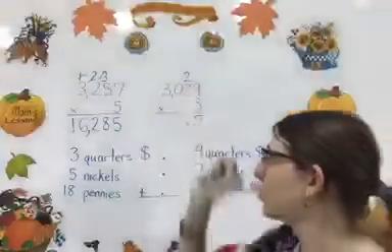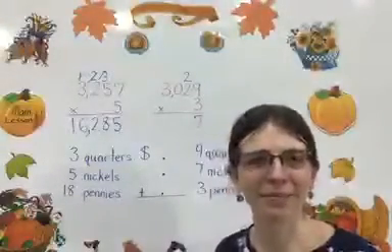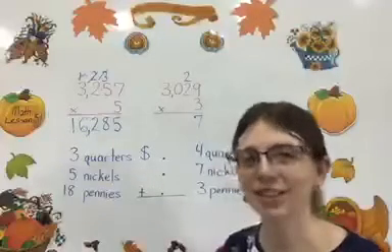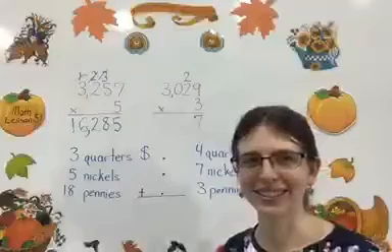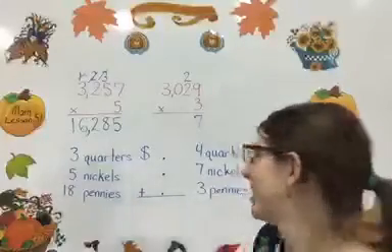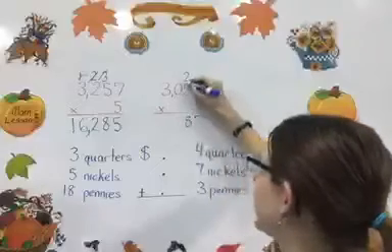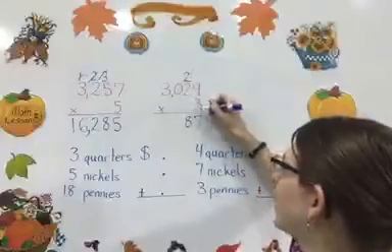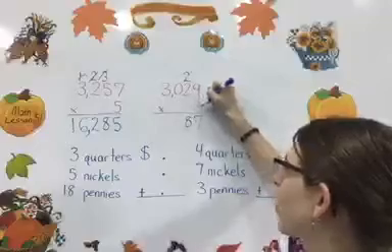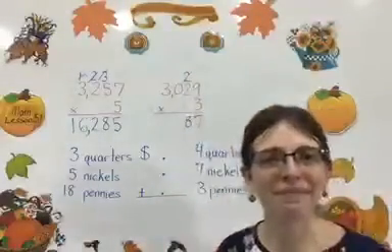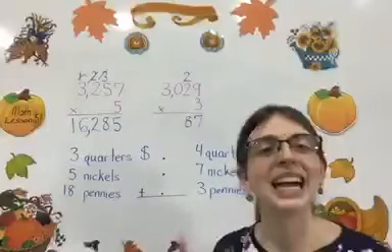3 times 2 is what, Ivana? 6 plus 2, Carlos? 8. Very good. Done with my 2. There's nothing to carry, so I go back to multiplying. 3 times 0 is what, Cassandra? 0.